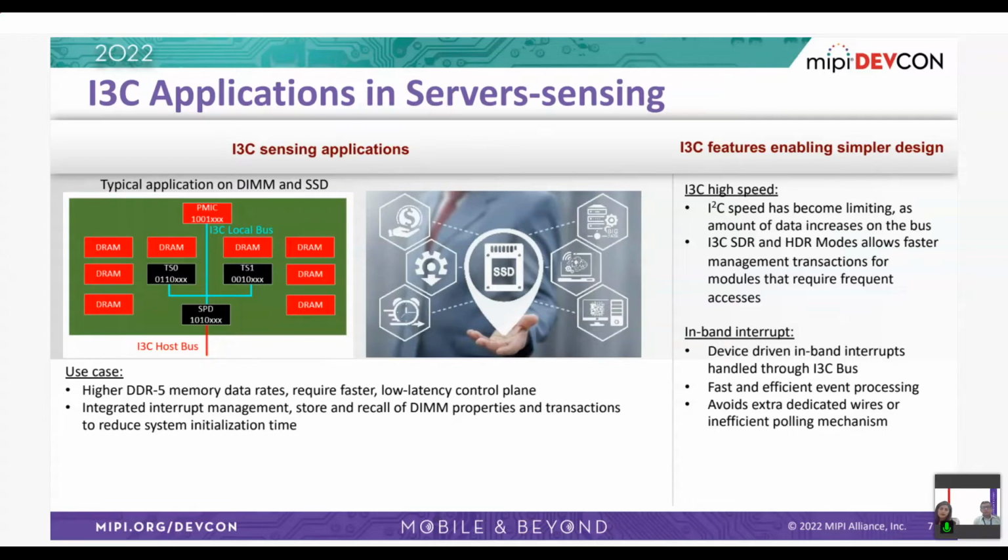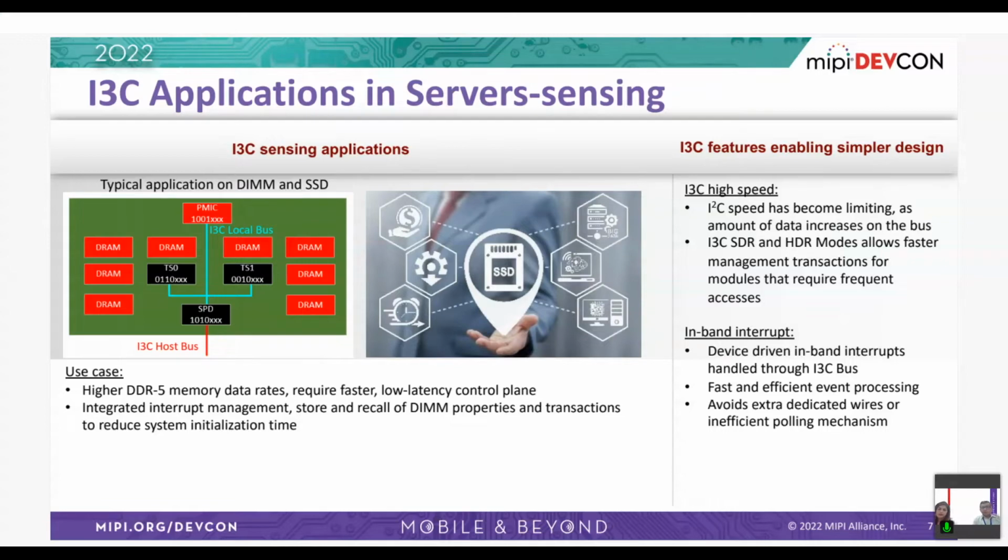This is where the integrated interrupt management also plays a very important role, because if the temperature sensors signal that a particular DRAM in the chassis is heating up rapidly, it allows the application to quickly reduce the data rates so as to reduce the PMIC power consumption, or warn the host controller to offload some of the compute on that particular memory card.